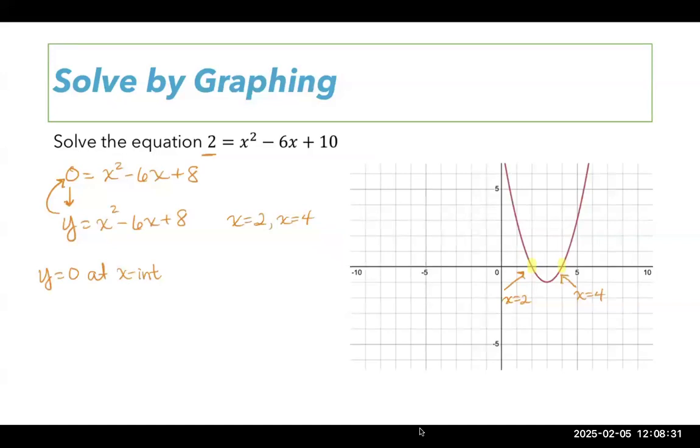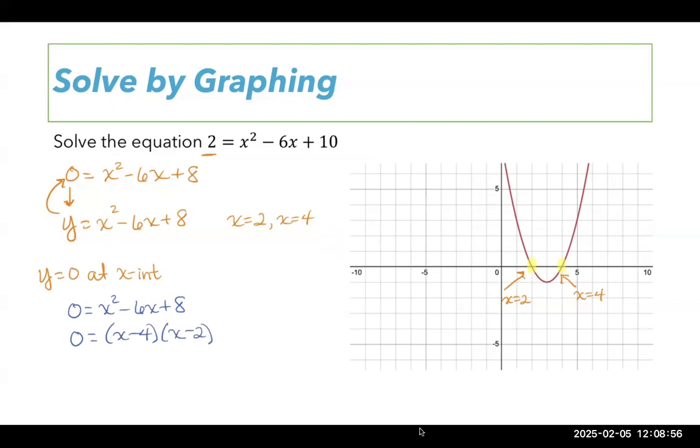So what I mean by that is, if I had this equation as one of the previous problems, and I take my 0 equals x squared minus 6x plus 8, and I do this algebraically. So maybe I decide to factor. This would be an x minus 4 and an x minus 2.